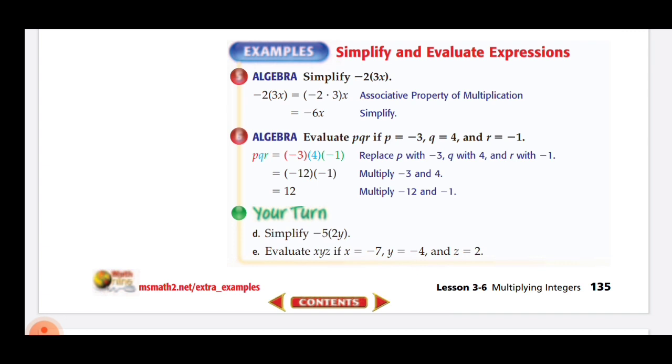Your turn. D. Simplify -5 multiply 2y. E. Evaluate xyz if x equals -7, y equals -4, and z equals 2.